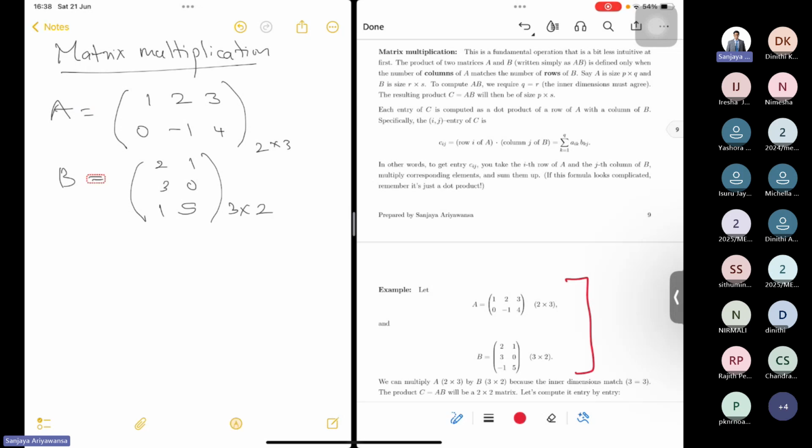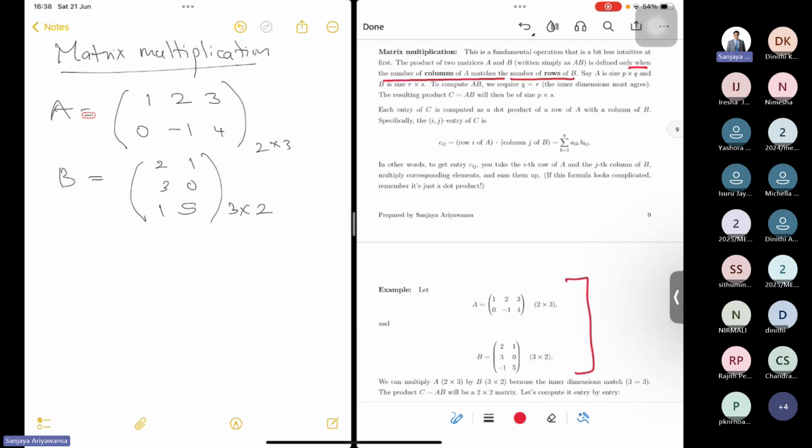Now, first and foremost, for these two matrices to be multiplied, there's an important condition. What is that? The matrices can only be multiplied when the number of columns of your first matrix is the same as the number of rows in your second matrix.